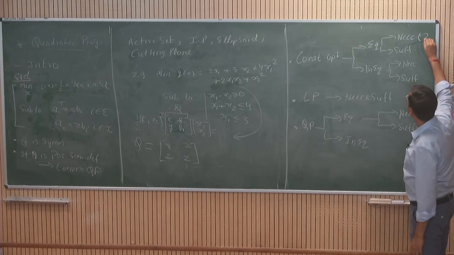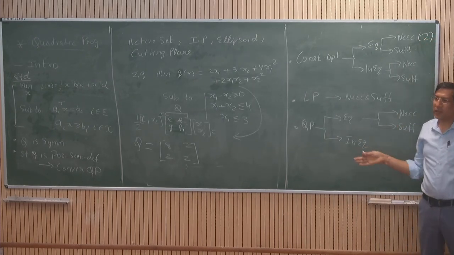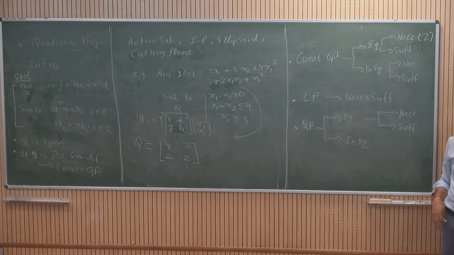What were those? Feasibility condition, ai of x equal to 0, and the Lagrange multiplier, the gradient of the function is a linear combination of the constraint gradients, or the gradient of the Lagrangian with respect to x is equal to 0, or you can write the equality constraint as gradient of the Lagrangian with respect to lambda equal to 0, the whole thing, the gradient of the Lagrangian is equal to 0. That is what we did.